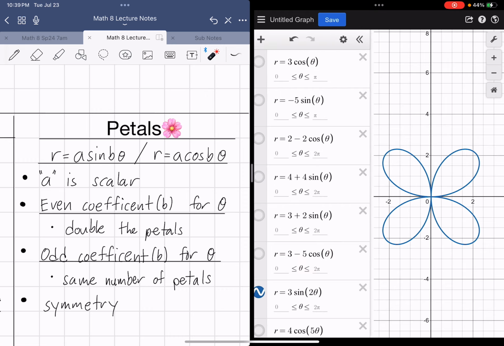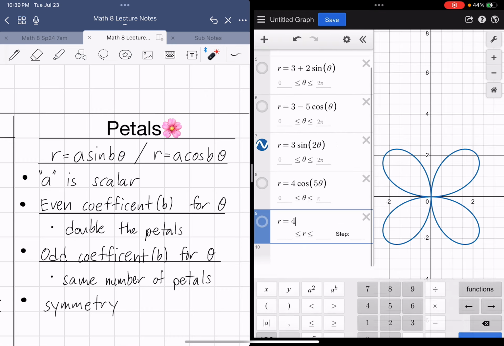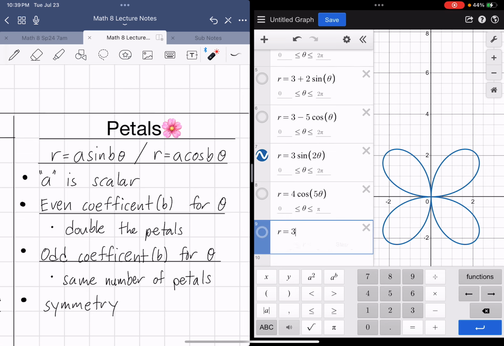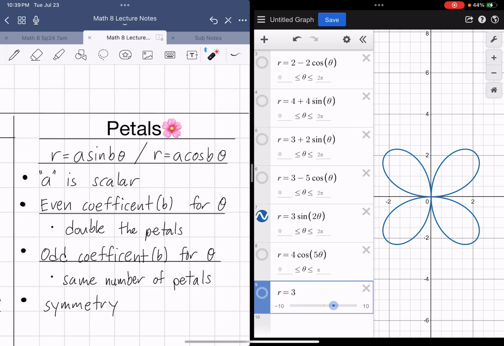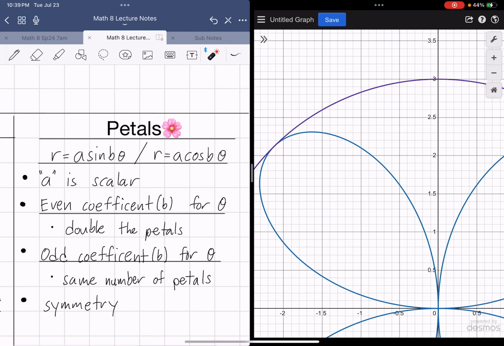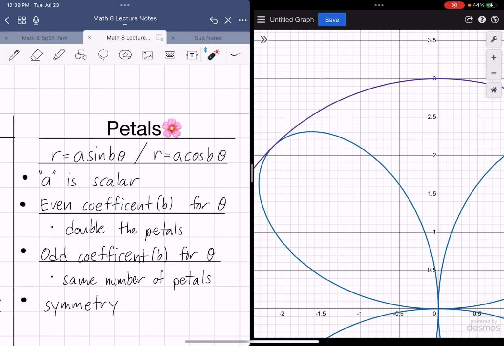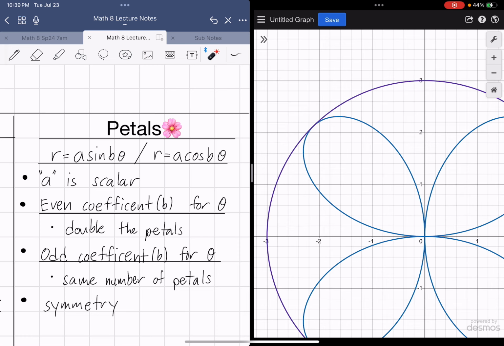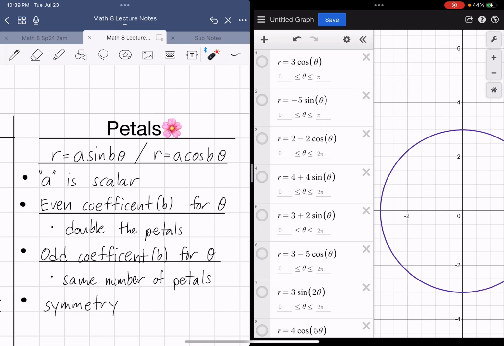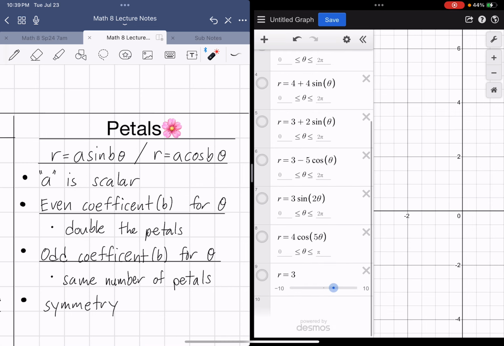And actually, I think there's a way for me to show you by making a circle that has a radius of 3. So if you see, I made a circle with a radius of 3, and that intersects perfectly at the tip of each one of these petals. So the nice thing about that number, it does tell us how large these petals are getting.